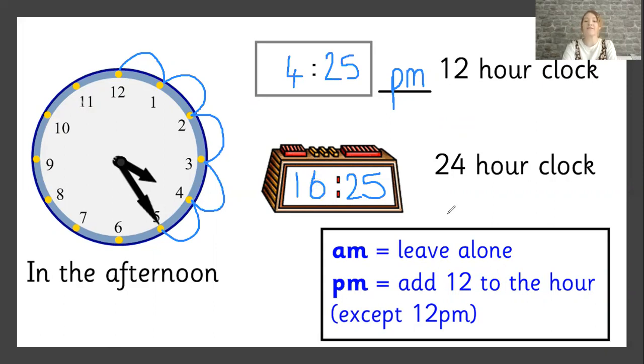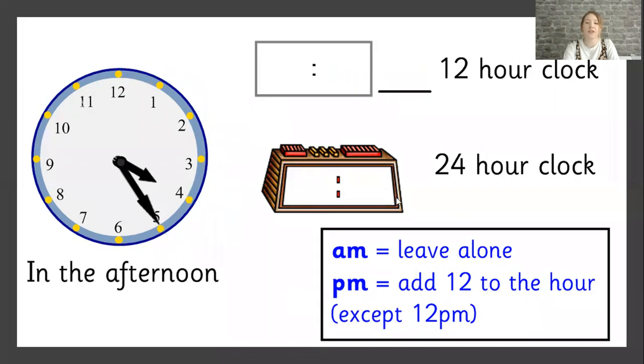And can you see there's 4 digits there now? So on the first one, it says 4:25 PM, and there's only 3 digits because it's just a 12-hour clock. On the 24-hour clock, you need 4 digits all the time. So it's 16, 25, and we've added our 12 hours because it's in the afternoon. Fantastic. Okay, let's clear the drawings and we'll go on to the next page.